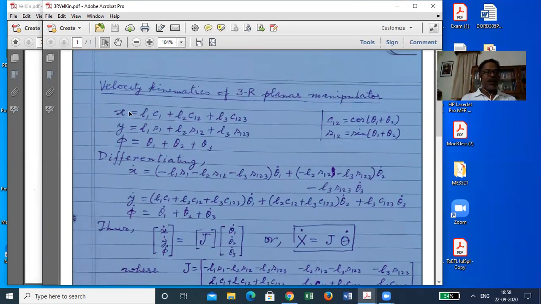Okay. So these are the x, y, and angular position of the end effector that we developed in a previous lecture, in which C1 is cos theta 1, C12 is cos of theta 1 plus theta 2, C123 is cos of theta 1 plus theta 2 plus theta 3. Similarly, S means sine. Okay.